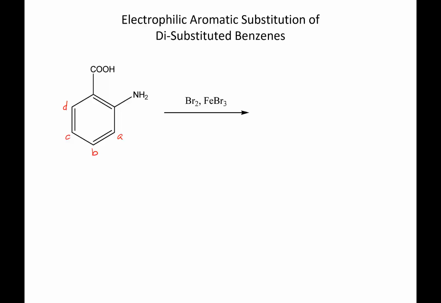Is it going to be Br? Br plus. Okay, so we're forming a Br plus. Next question is, which of these two groups, COOH or NH2, is going to be the director?